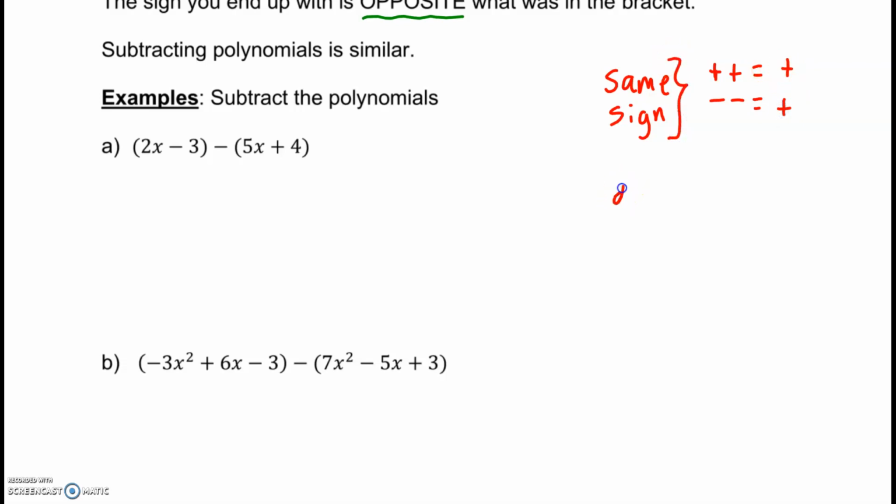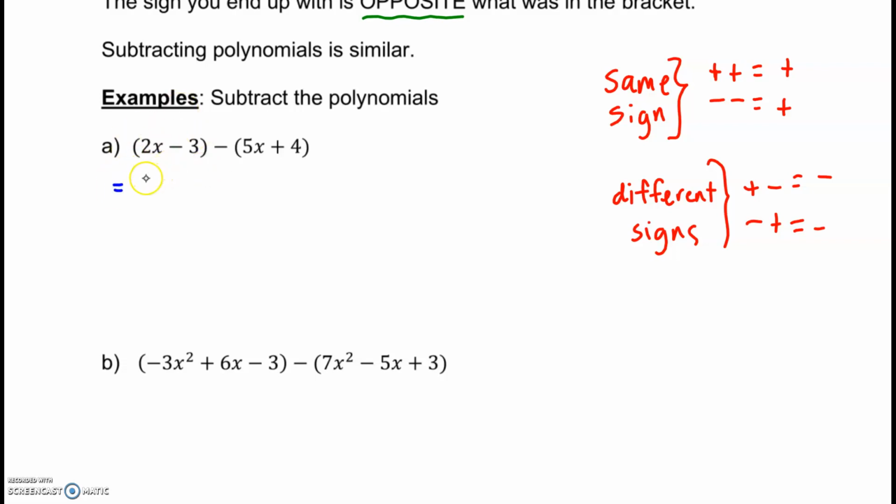And we know if we have different signs, so for example, adding a negative or subtracting a positive, we know our answers will both be negative, right? So different signs, negative answer, same sign, positive answer. All right, and we're going to put that into play in our first example.